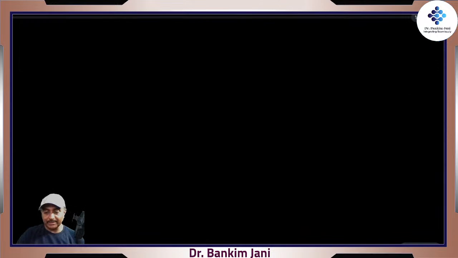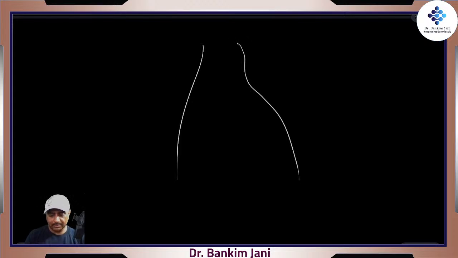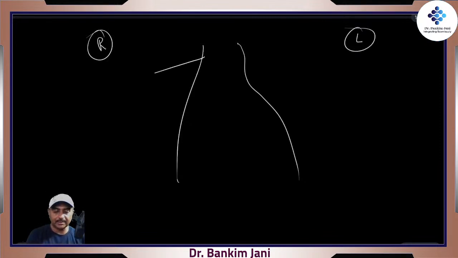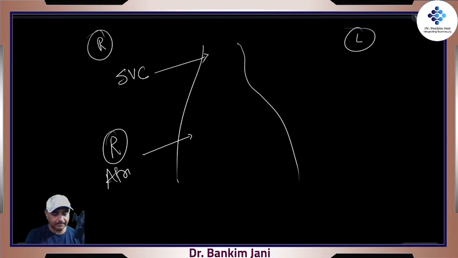Now, when we draw the heart, this is the right side, this one is the left side. On the right side over here, this is the superior vena cava. This part is the right atrium.